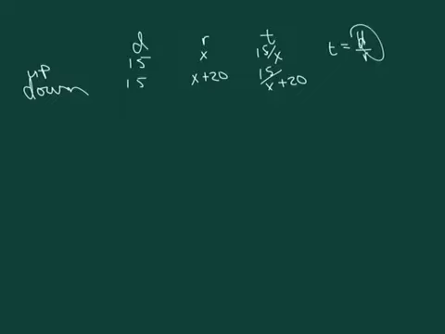Her time uphill plus her time downhill is 2 hours. So 15 over x, that's her time uphill, plus 15 over x plus 20, her time downhill, equals 2, right? Okay, so that's how we put our equation together. Time up plus time down gives us our total time.